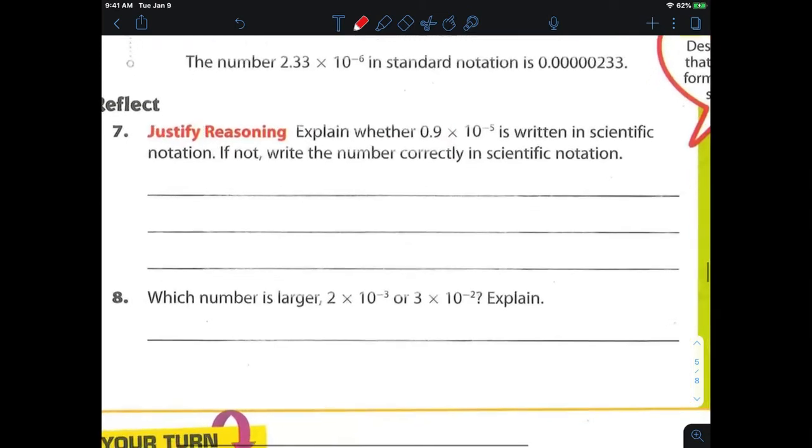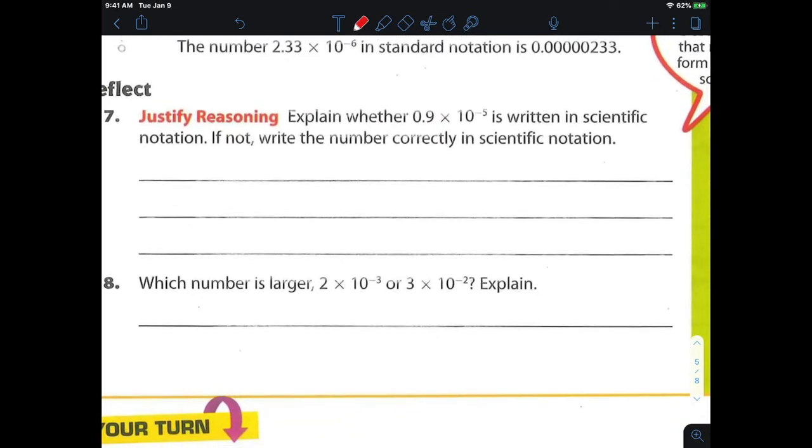So here they're asking us to justify our reasoning. So explain whether 0.9 times 10 to the negative 5 is written in scientific notation. If not, write the number correctly in scientific notation. Okay, first of all, what were they doing? This is smaller than 1.